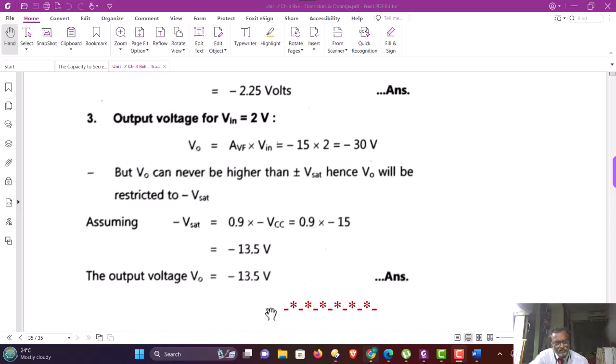Therefore, the output will saturate at minus 13.5 volt in the practical case. Whereas if you consider the op-amp ideal, then we can say that the maximum output voltage is equal to the negative supply voltage, minus VEE, that is minus 15 volt.